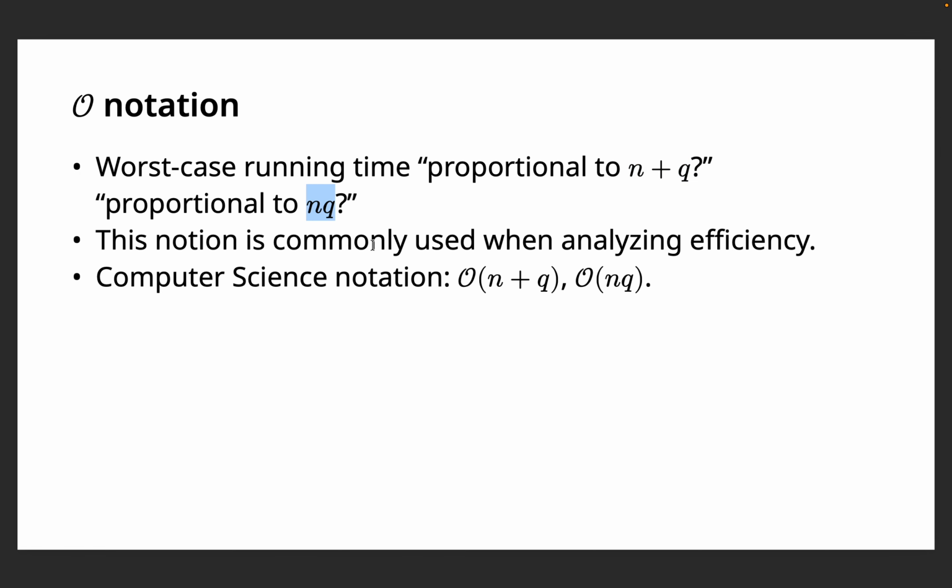In CS, we have additional notation for that. We had small o a while ago. If we want this proportional to relation, we use what we call big O notation. So that's big O of n plus q, or big O of n times q.